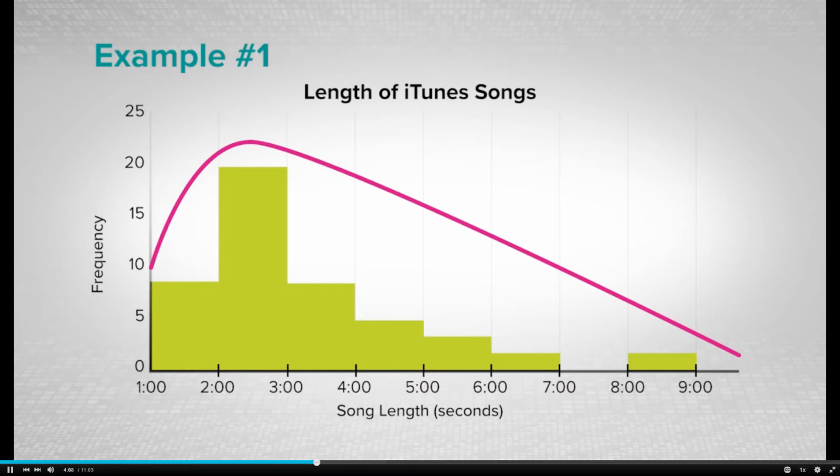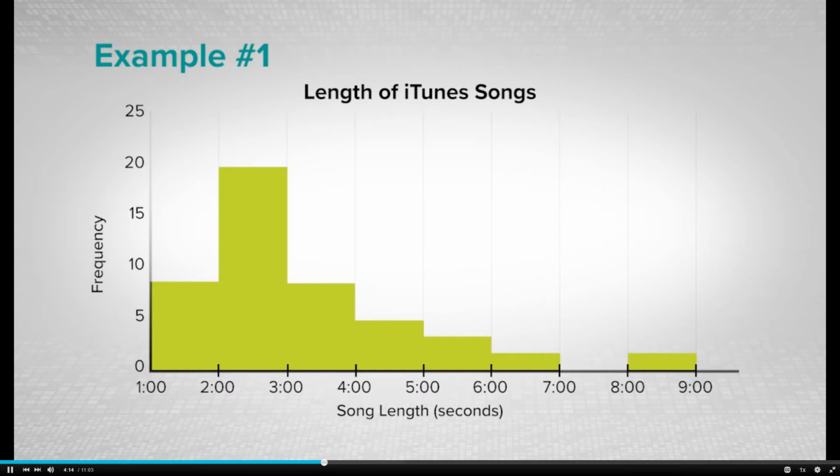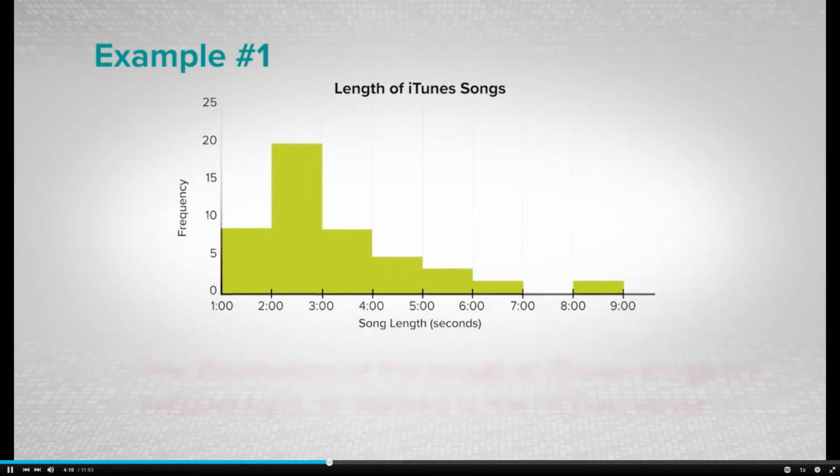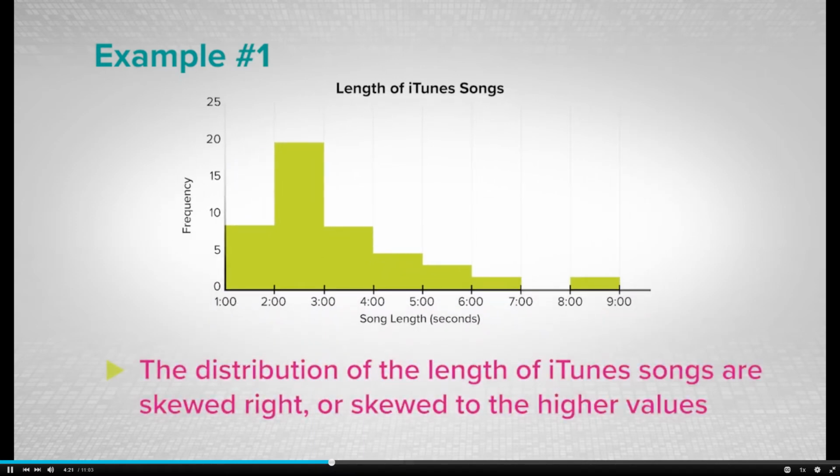So we'll say this graph is skewed to the right, but I can't stop there. If I just say this graph is skewed to the right, my answer would be incomplete. We should say the distribution of length of iTunes songs are skewed right, or skewed to the higher values. Just by putting in the lengths of iTunes songs, I now have a complete answer. This is required for any tests you may take on this.